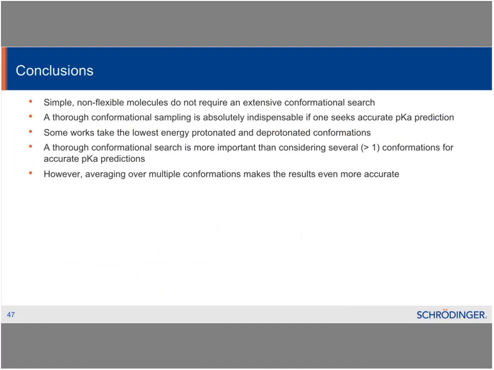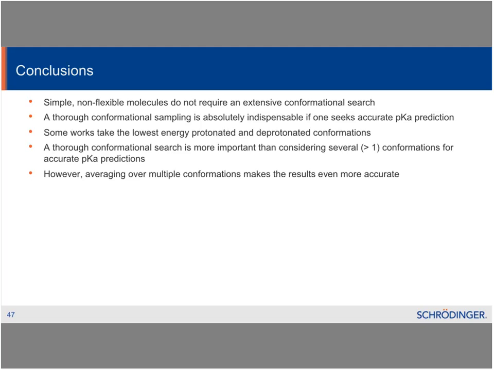So let me conclude this talk by returning to the first part of the talk. Remember, we were talking about first simple molecules and then molecules that contain conformational complications. Simple, non-flexible molecules like aspirin, of course, don't require an extensive conformational search, and frankly, they should be well treated by even empirical methods. But a thorough conformational sampling and search is absolutely necessary for accurate pKa predictions.